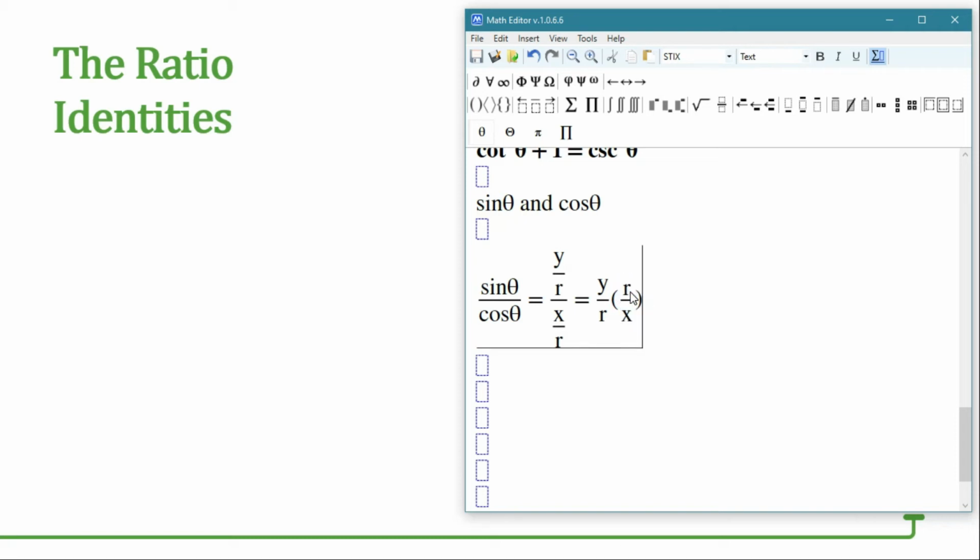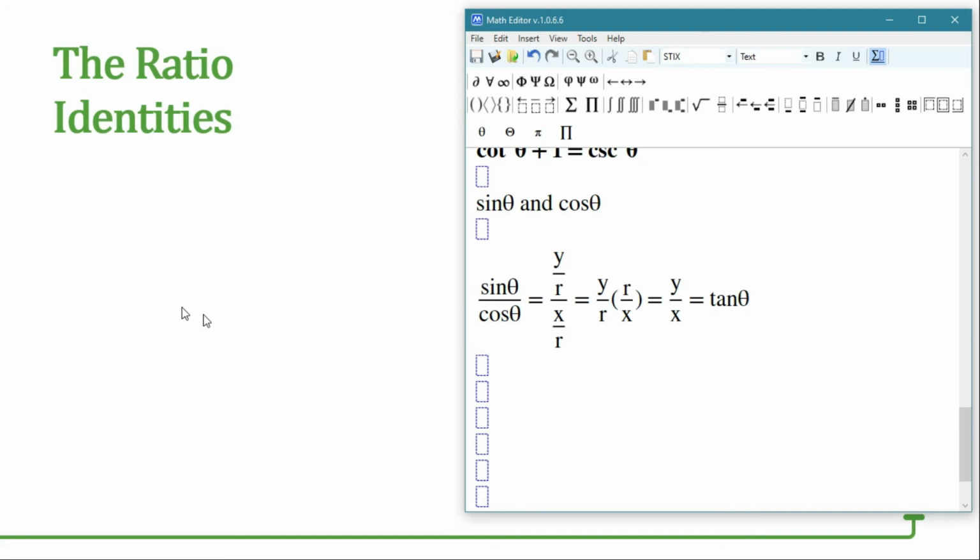And when we simplify this one, the r cancels. And that makes y over x. Again, that makes y over x, and y over x is what defines the tangent function of an angle.